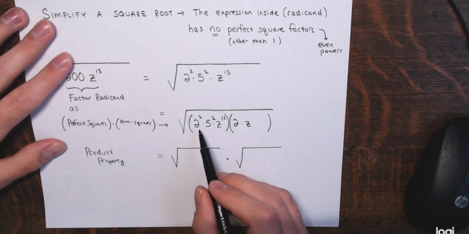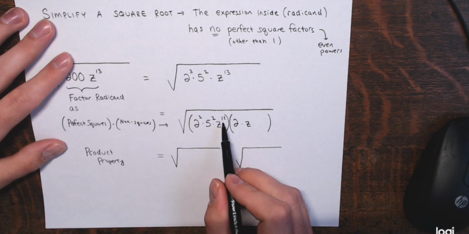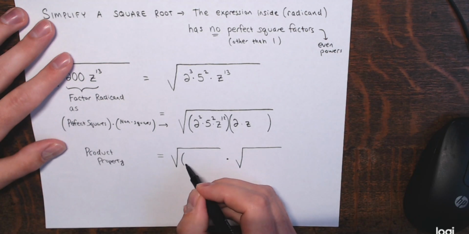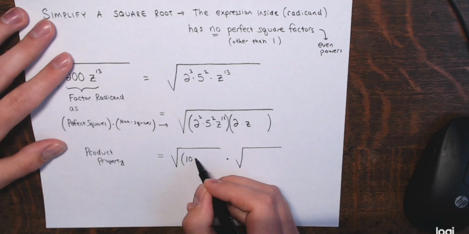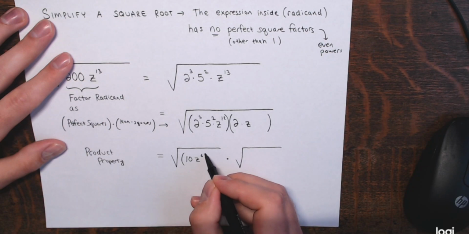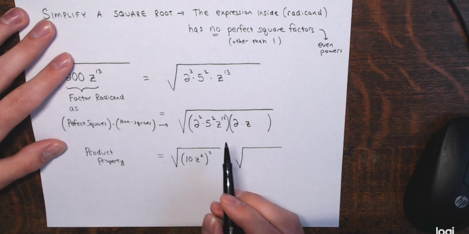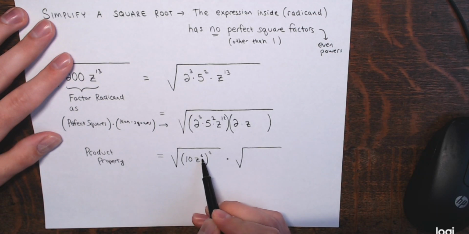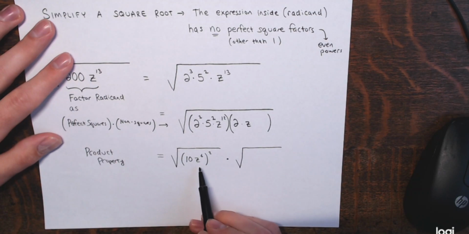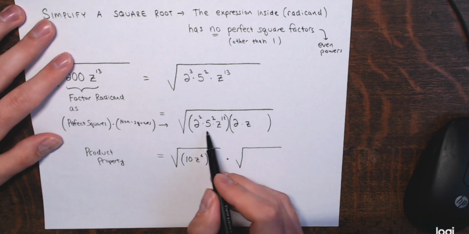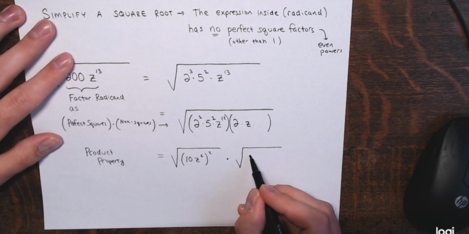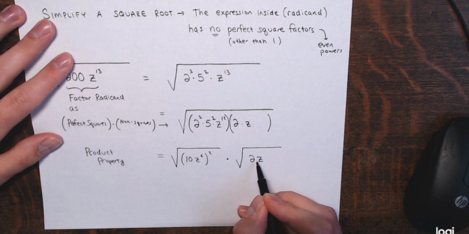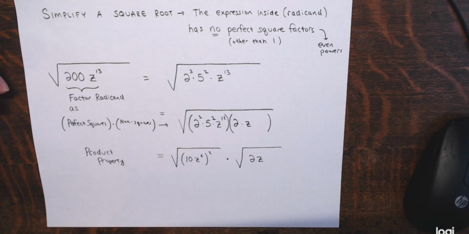Then 2 squared, 5 squared, z to the 12th is 2 times 5, or 10, times z to the 6th, squared, right? Because 2 squared times 5 squared is 100. That's 10 squared. And then z to the 6th, squared, would be z to the 12th. There's the perfect square in this first factor. And then the stuff left over, the 2 times z, that's going to stay in the square root symbol in the other factor.